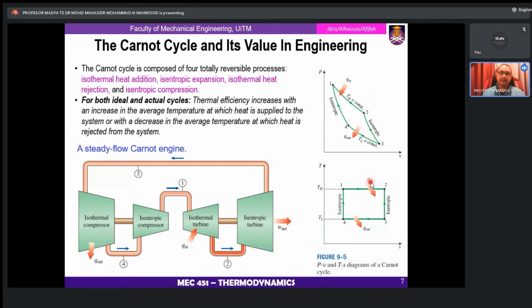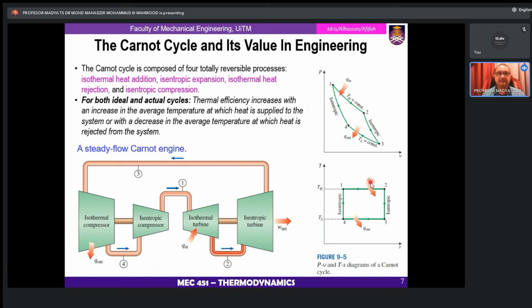Okay, now we look at the Carnot cycle and its value in engineering. You learned the Carnot cycle in chapter 4, I introduced it to you there. If you don't remember, please find it on my YouTube channel and review chapter 4 again.